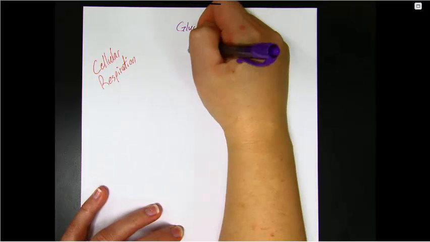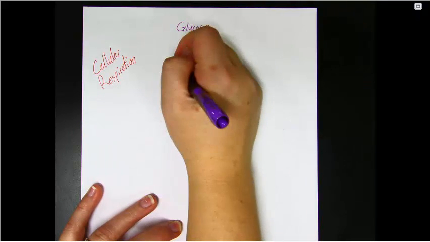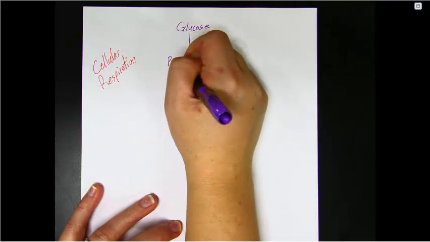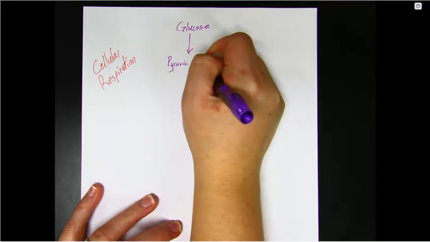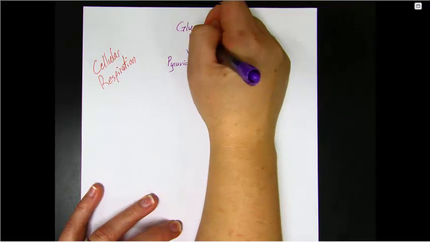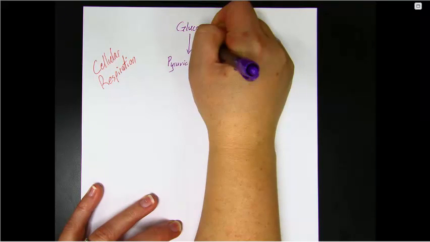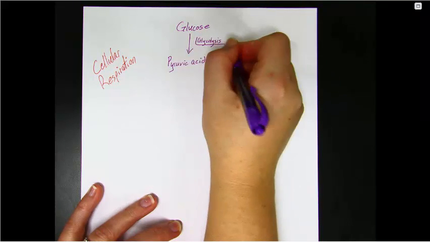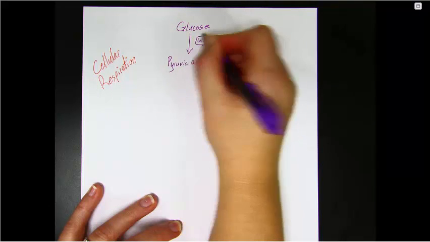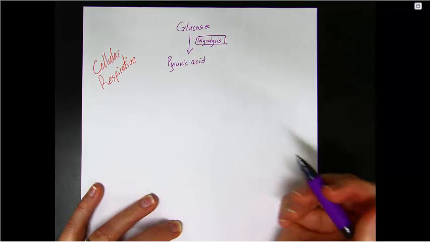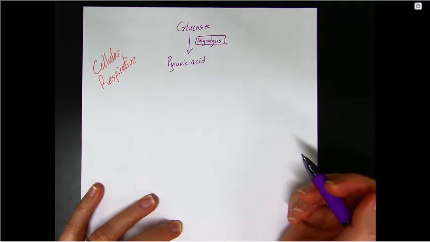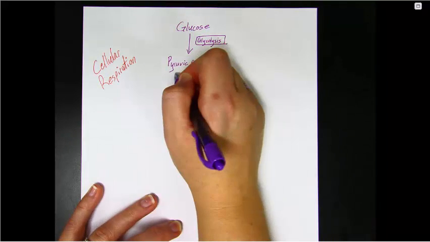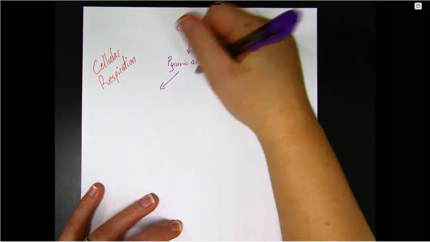And that glucose is converted into pyruvic acid using the process of glycolysis. Then our next step depends upon whether oxygen is present or not.